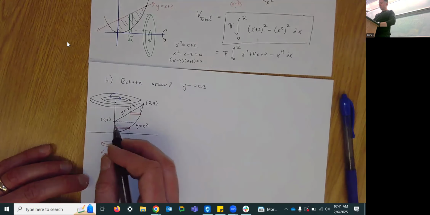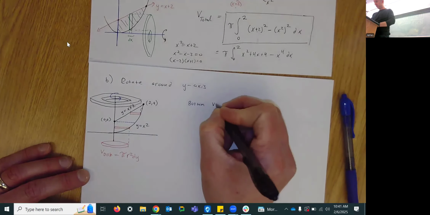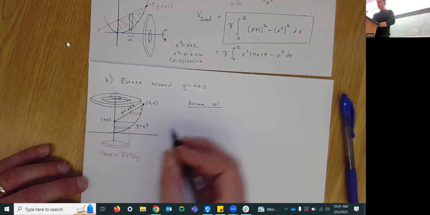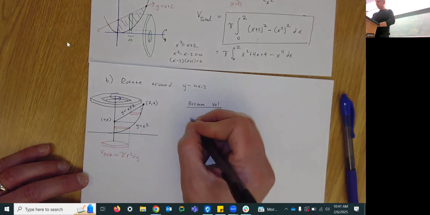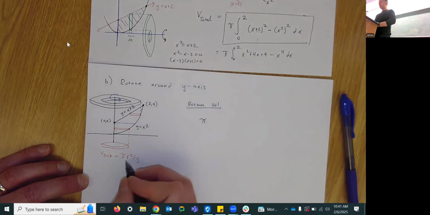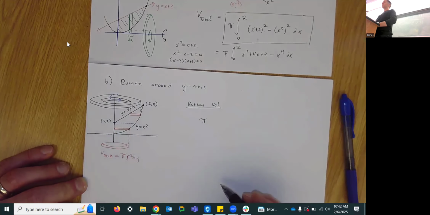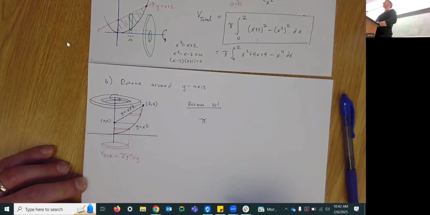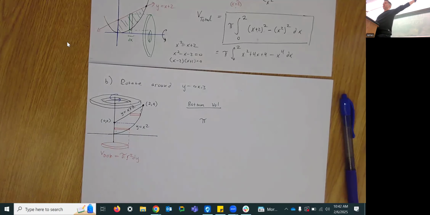So let's do the bottom part first. The bottom volume is the volume of our disk. So that's going to be pi times, what's my radius of this disk here? What's the function that's bounding the right-hand side of the disk?